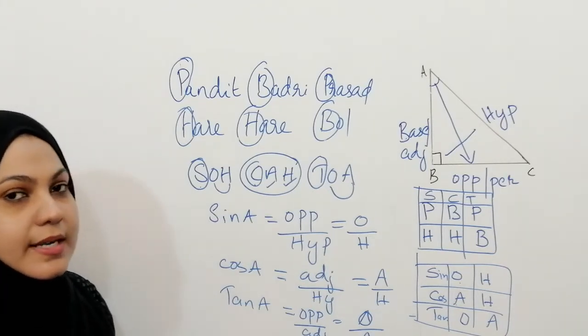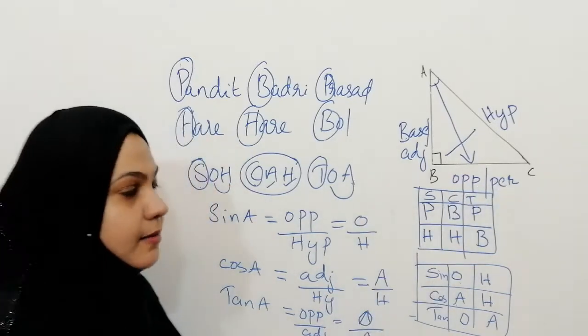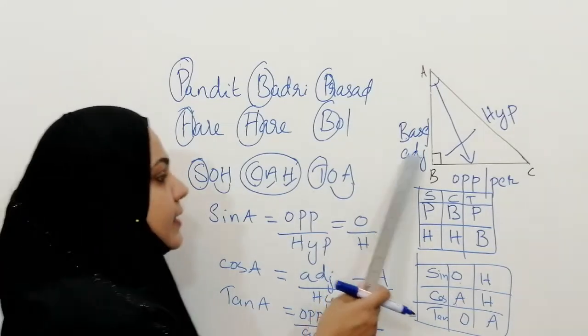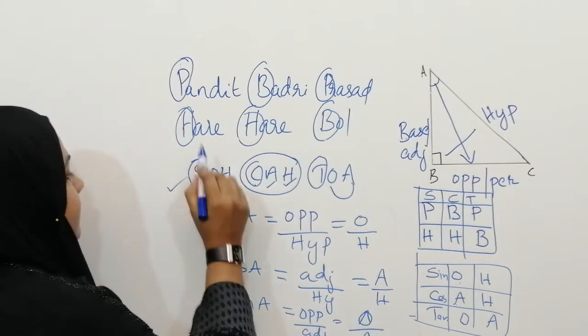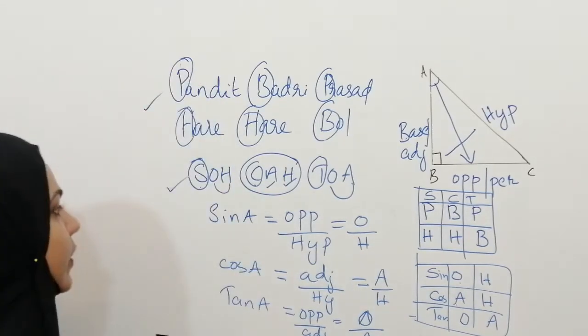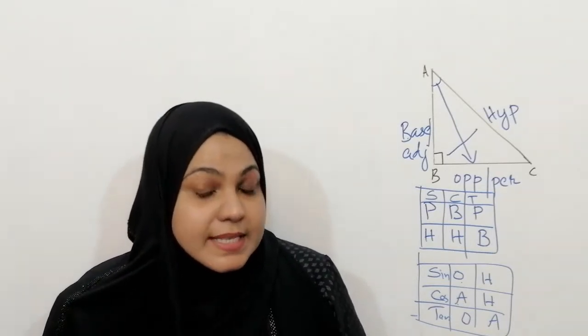In some schools, as I already said, they use opposite instead of perpendicular, and base instead of adjacent. You know that both are the same. If you like one, you can take it; if you prefer the other, you can opt for that one. In the English language there are 26 alphabets.